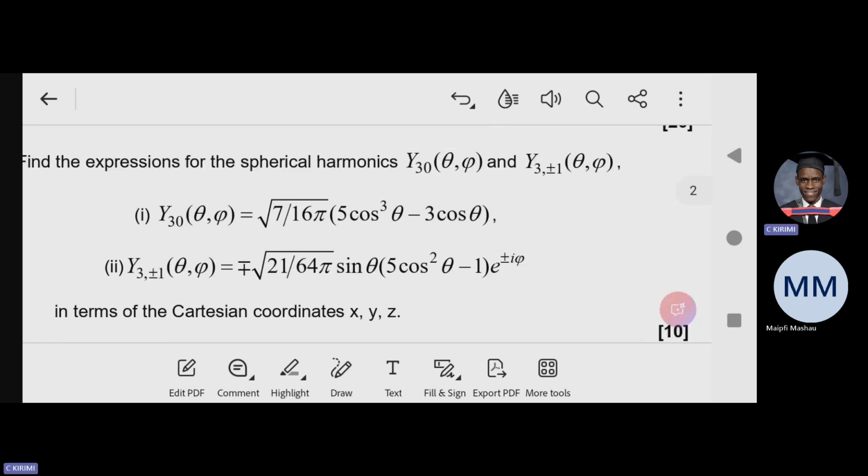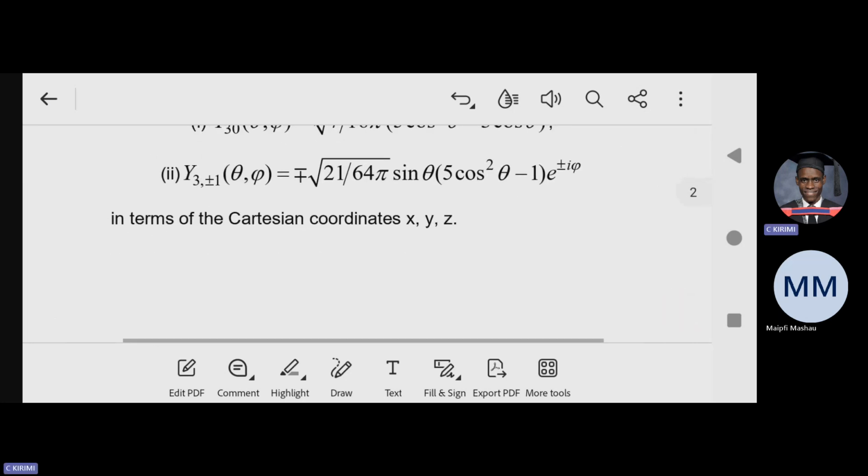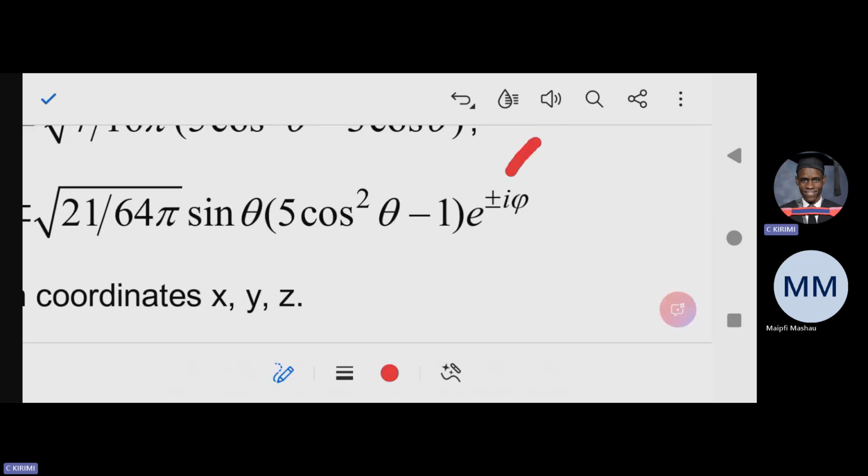And then it's being multiplied by sine, multiplied by 5 cos squared theta minus 1, e to the power positive or negative i phi. i is complex. Whenever you see this i, the complex, you must know that you are working in complex. i is the root of -1.